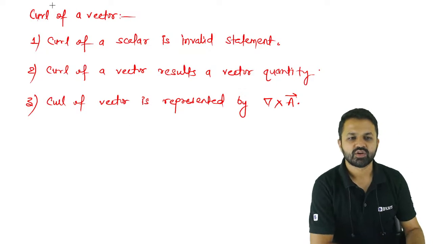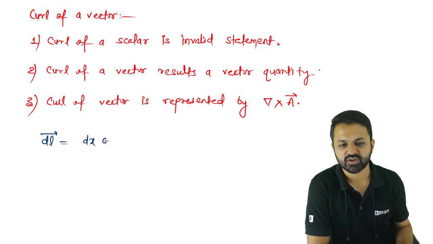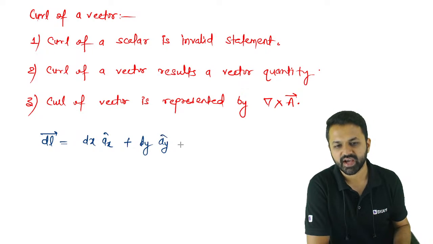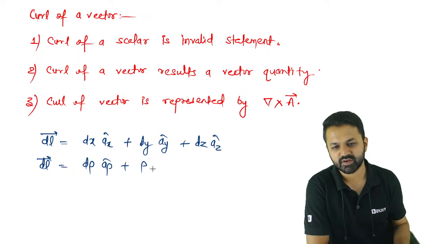And again, to write the curl, we need a differential length. In the Cartesian coordinate system, this is dx ax plus dy ay plus dz az. In the cylindrical coordinate system, this is d rho a rho, then rho d phi a phi, and then dz az.